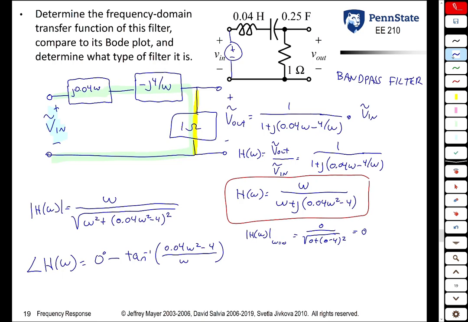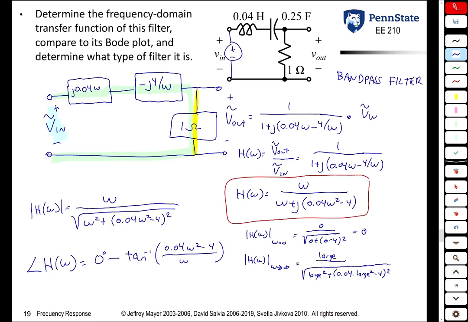So now let's look at high frequencies. So the magnitude of H as omega approaches infinity, you get some large number in the numerator. In the denominator, you get what? You get the same large number squared plus (0.04 times that large number squared minus 4) squared.